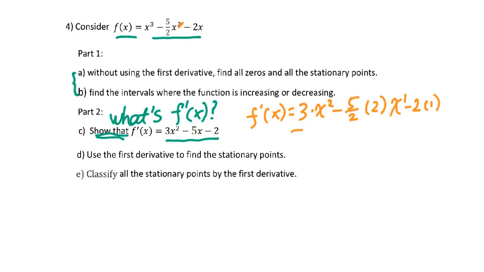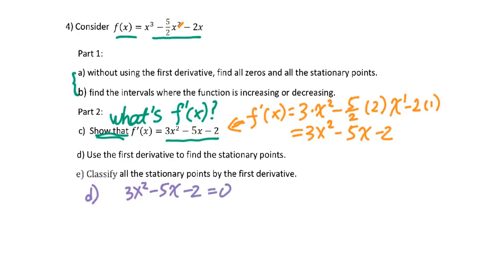Just show the work, then you will get 3x squared minus 5x minus 2. That's how you show the work for C. Now let's go to D. Use the first derivative to find the stationary points. For this D, you will set up 3x squared minus 5x minus 2 equal to 0.